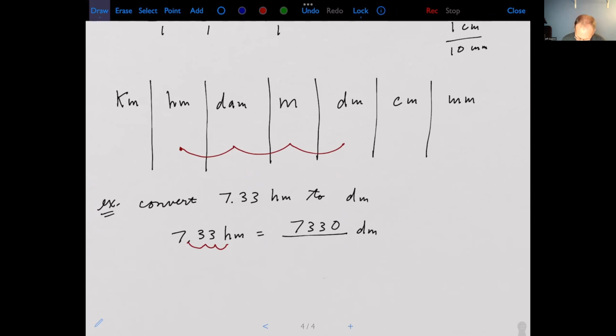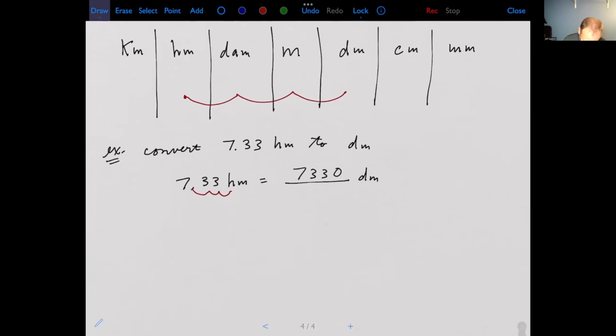Okay, here's another example. Let's say I want to convert 83.42 centimeters to kilometers.